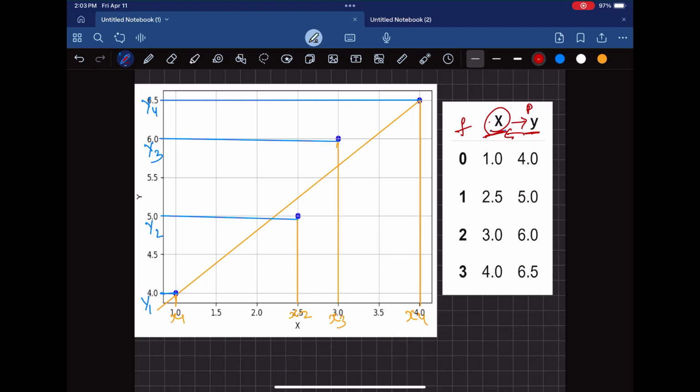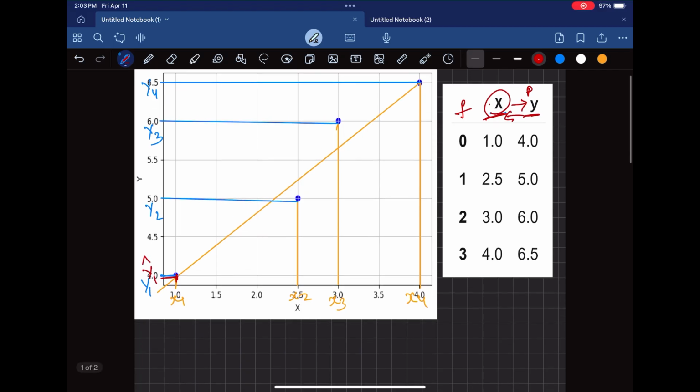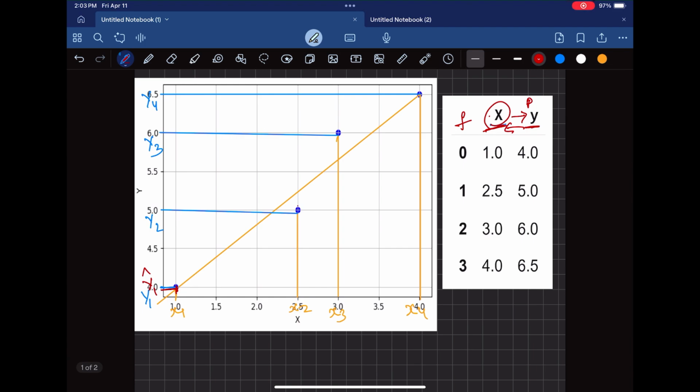Now, what values can we predict based on x? At x1, the line touches here, so this will be the y1 we predicted based on the expression. At x2, the line touches here, so this will be y2 hat.